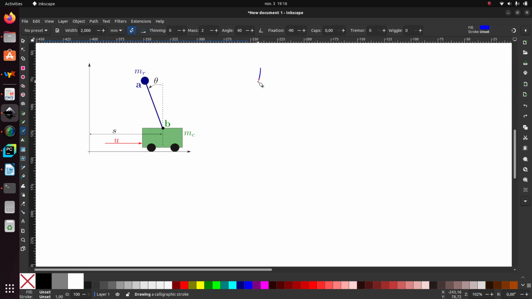I recall that L is equal to the kinetic energy T, which depends on q and q dot, minus the potential energy V, which depends on q. So I recall that q is equal to s and theta, it is this vector.